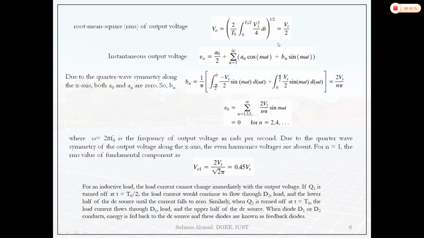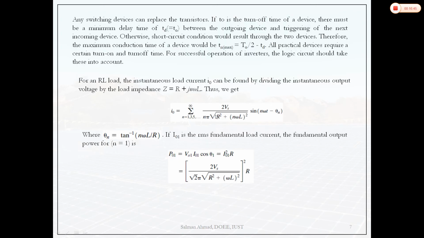Since a naught is 0 and an is 0, these two parts vanish. Now we have the sum from n is equal to 1 to infinity of bn sin n omega t. Substituting the bn value, this is 2 Vs upon n pi times sin n omega t, for n is equal to 1, 3, 5 to infinity, and the even harmonics 2, 4, 6 and so on will be 0 because of even symmetry.